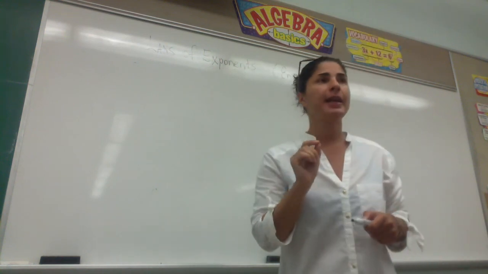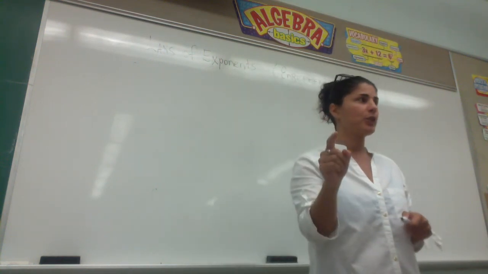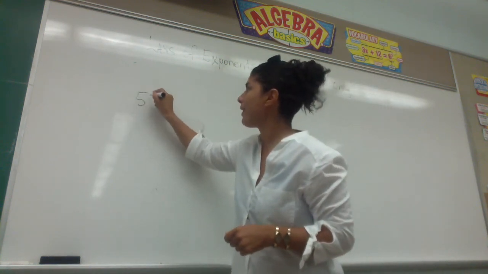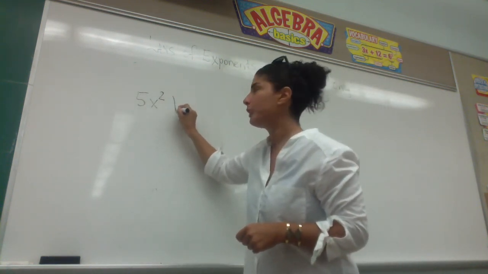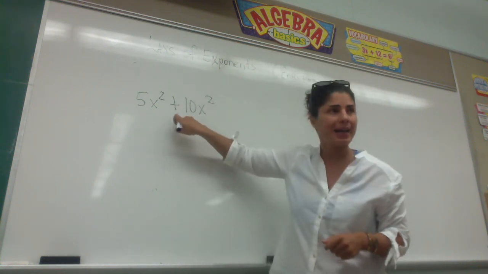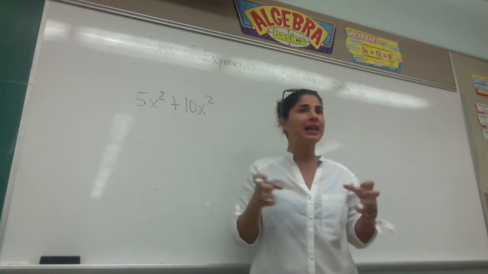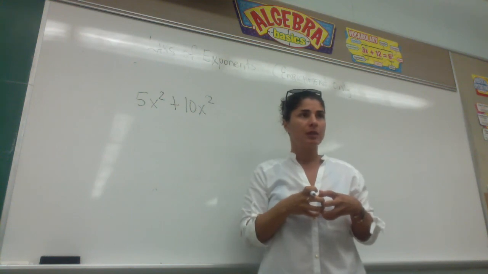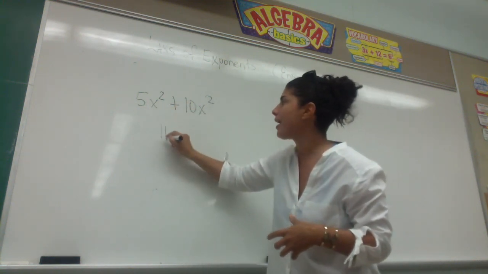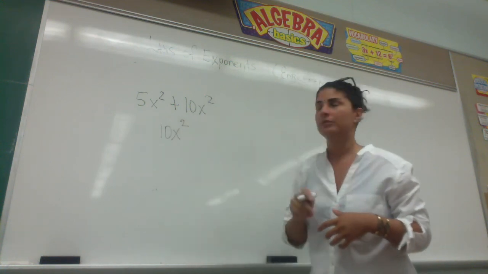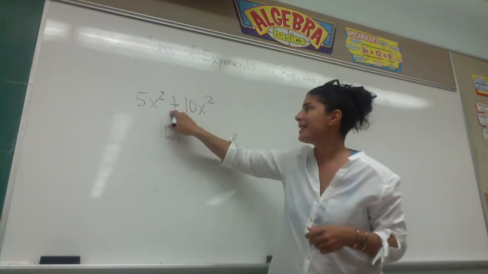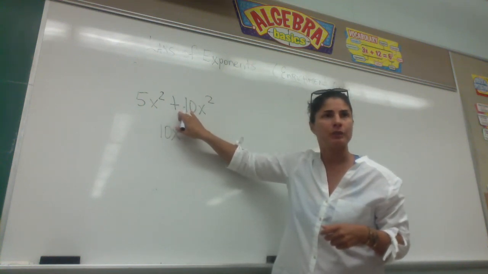Okay, so I'm going to say it again because it was a really good question. The difference between adding 5x squared plus 10x squared, because I'm adding, I'm gathering like terms, I'm allowed to say I have 5 plus 10, I have 10x squared. I do not add these because this is not a multiplication.